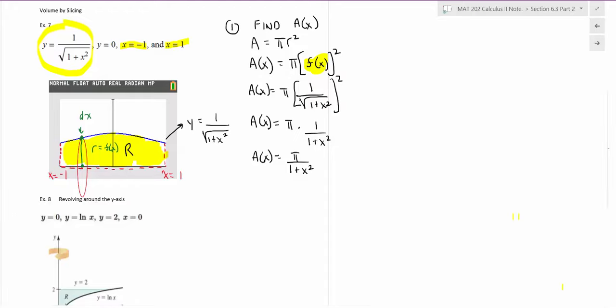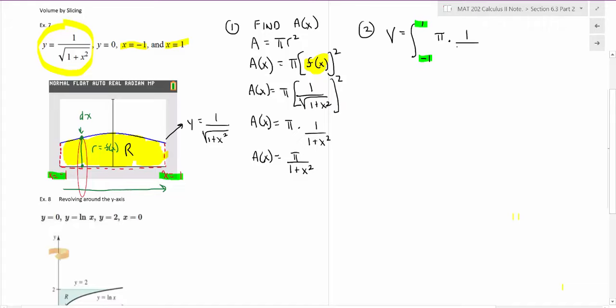Okay, so step 2, we're going to set up the integral for the volume. We're going to be integrating from left to right, summing up disks from left to right. So we're going to be moving from there to there, so our limits of integration are going to be -1 to 1. And then we're going to be doing the area function, which I'm going to write as pi times 1 over 1 plus x squared times dx.